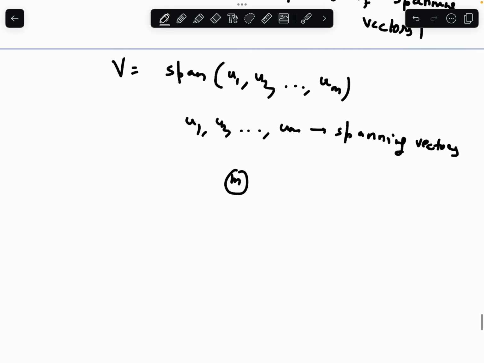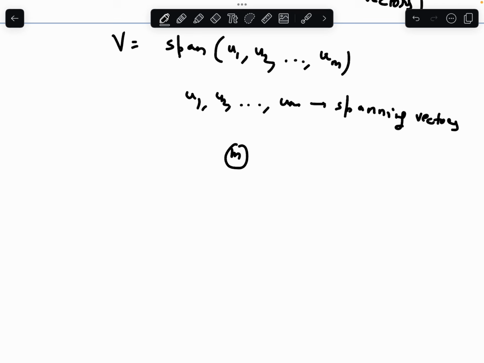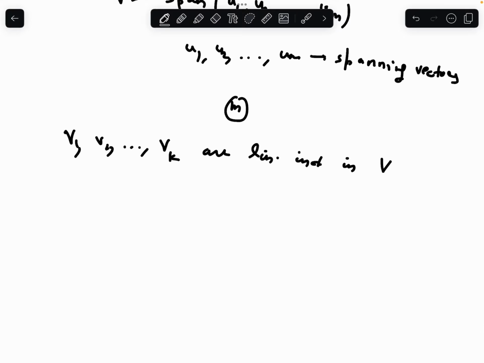And if, say, V1, V2, Vk are linearly independent in V, then how many of these are here?